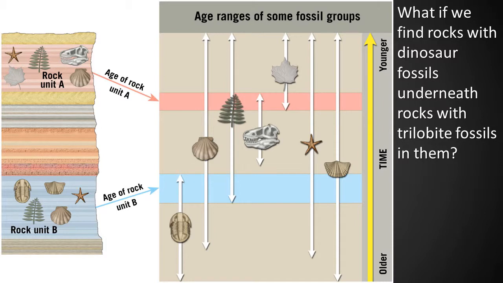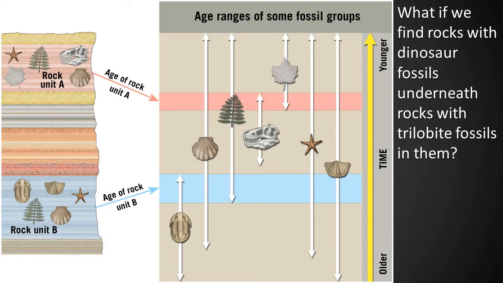This figure from the textbook shows how life form species often have limited time ranges within which they existed. Rocks that are older or younger than these time ranges will not include fossils from these species unless there was some type of geologic event that created an inclusion that contained these fossils.